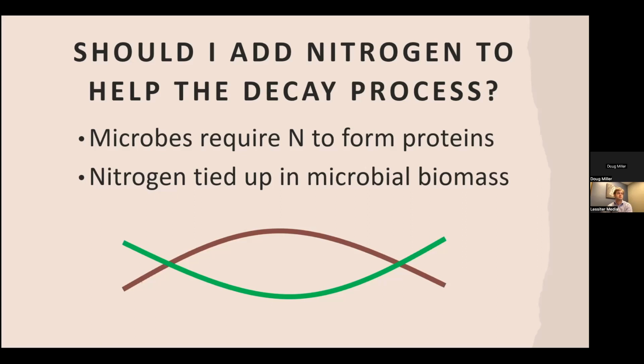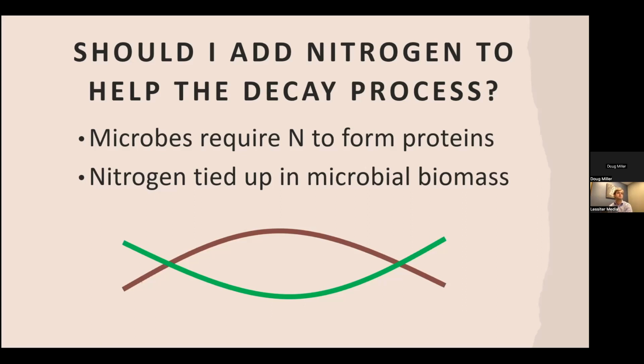So as it starts out on the left side relatively low and then ramps up, those microbial colonies increase in number. And as they do, they're going to decrease the nitrogen available in the field. And that's represented by the green portion of the diagram. So at peak decay, you're going to have the least amount of nitrogen available because it's tied up in that microbial biomass and won't be available for growing a crop.